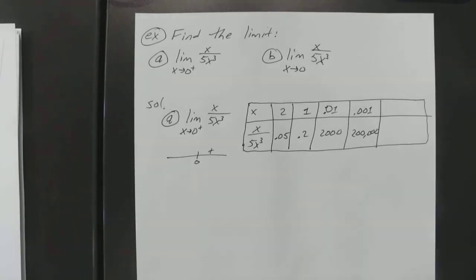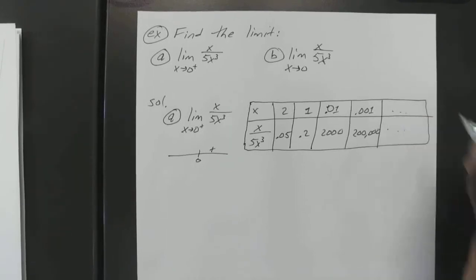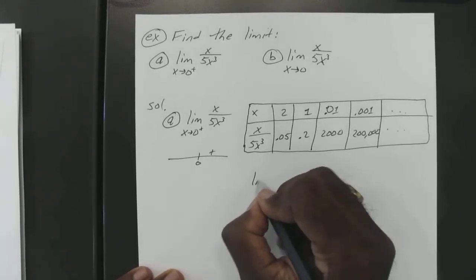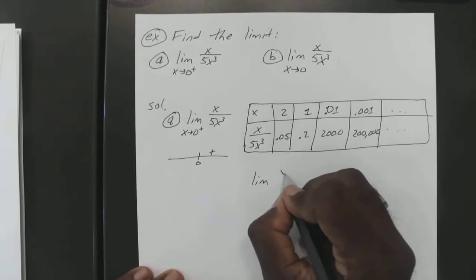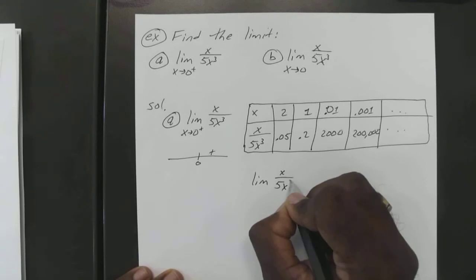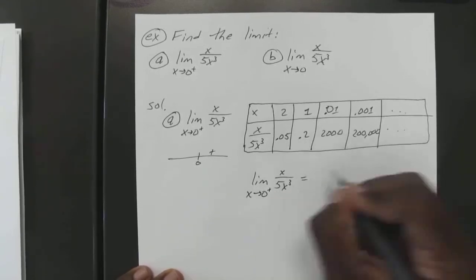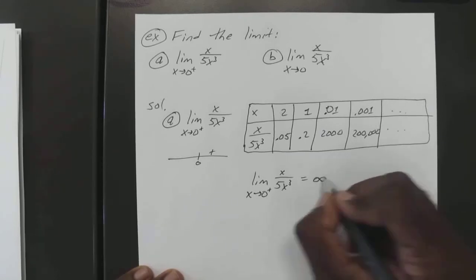As you get closer and closer, it gets bigger and bigger. So the limit of x over 5x to the third as x approaches 0 from the right is going to equal infinity.